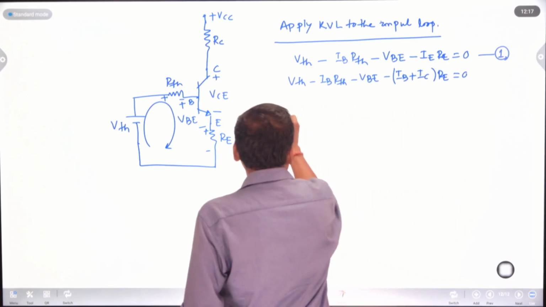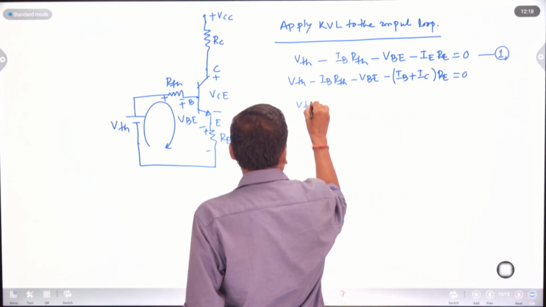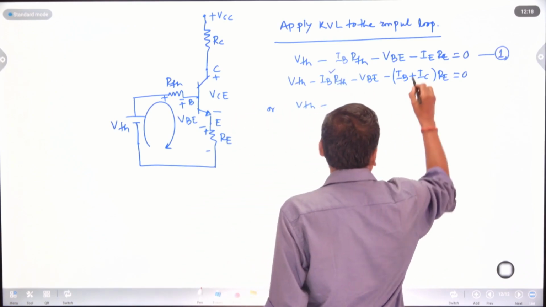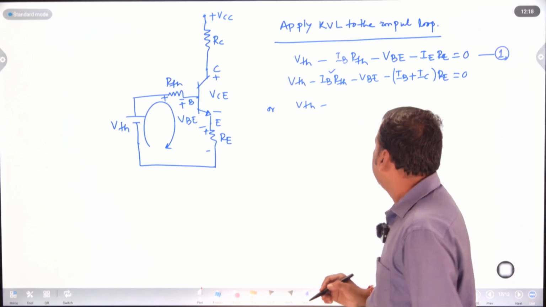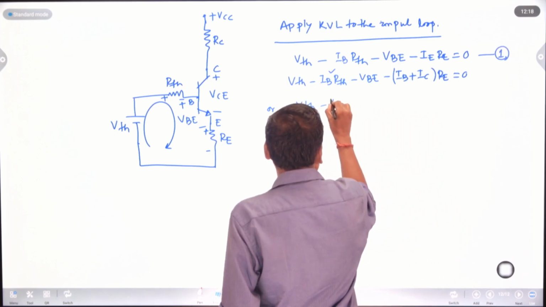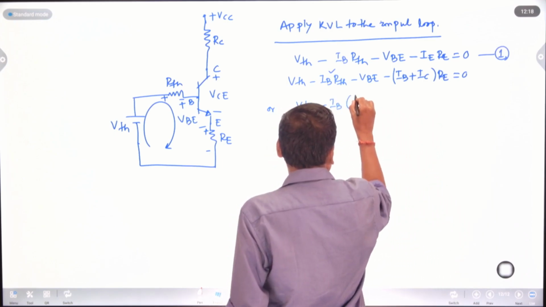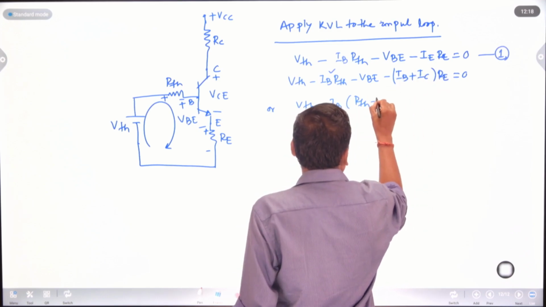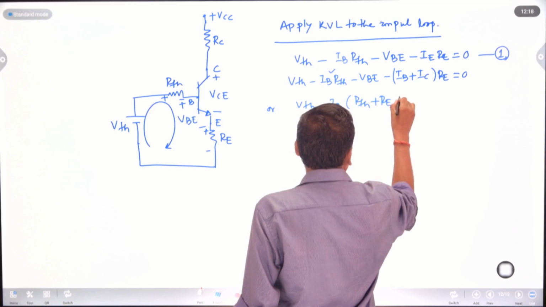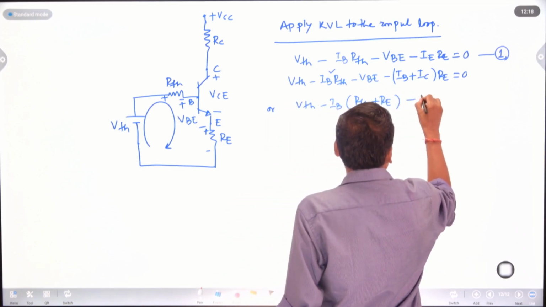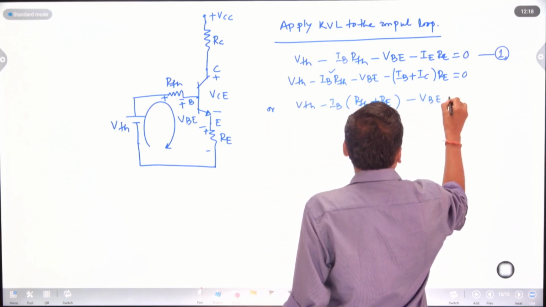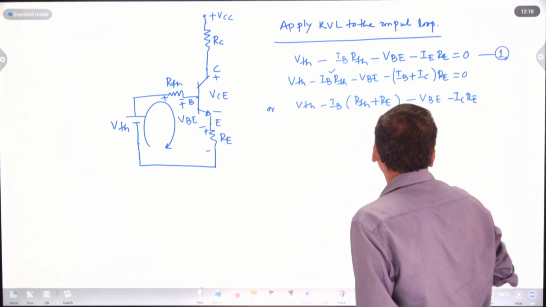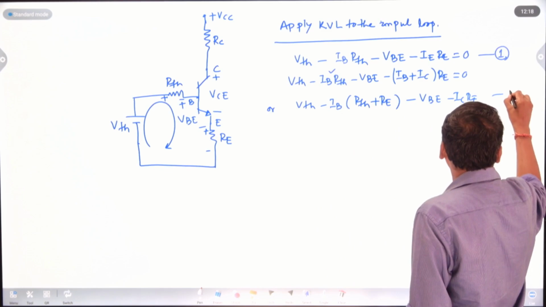Or VTH minus, taking IB common, IB into RTH plus RE, minus VBE minus IC RE. This is your equation number 2.